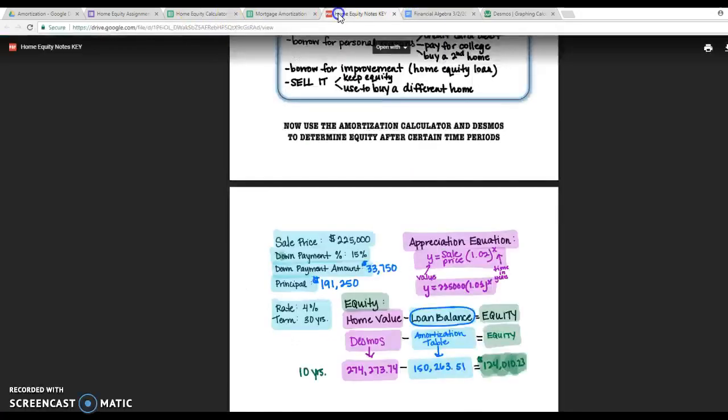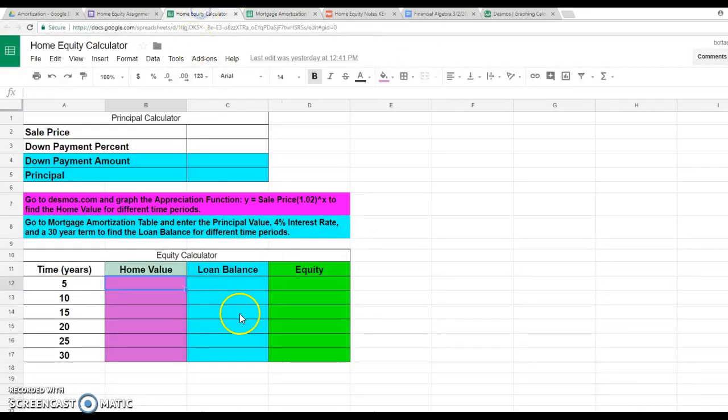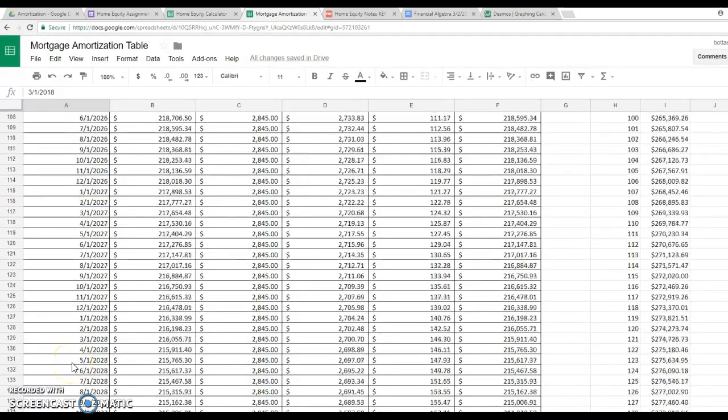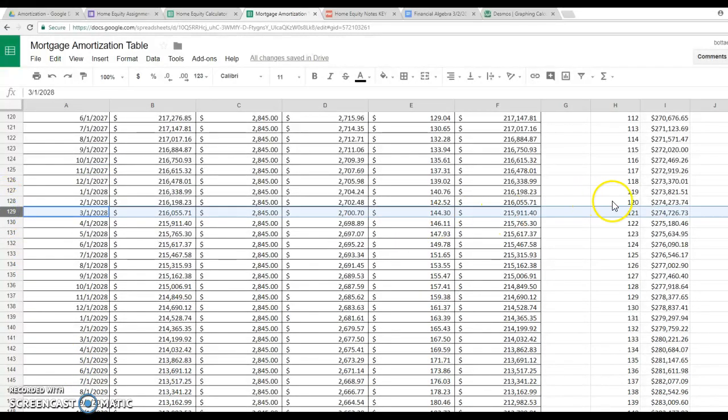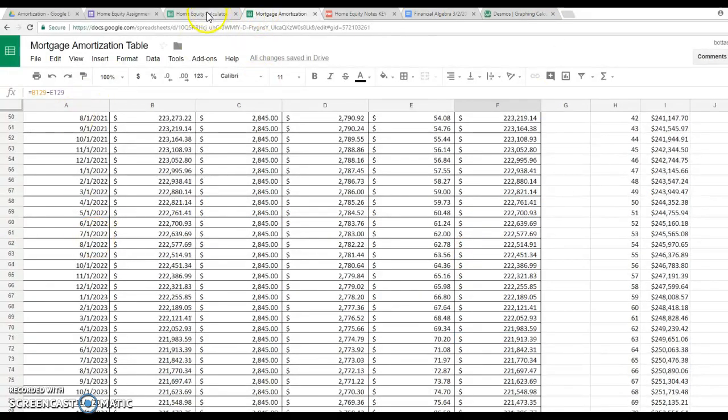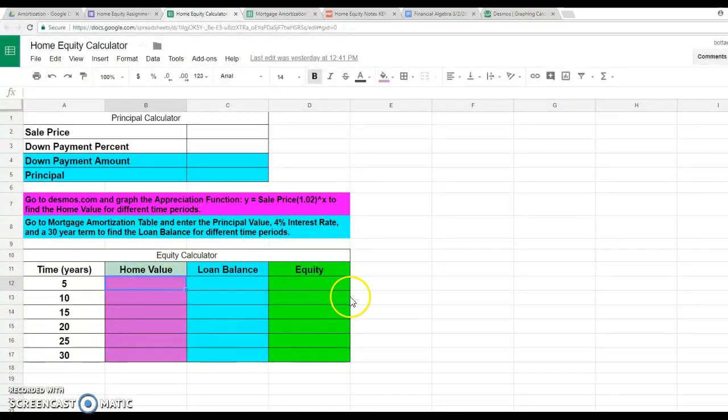And you would get your loan balance from that amortization table, just clicking to the cell that contains whatever year you're looking for and taking that balance here. And then it should come up with the equity.